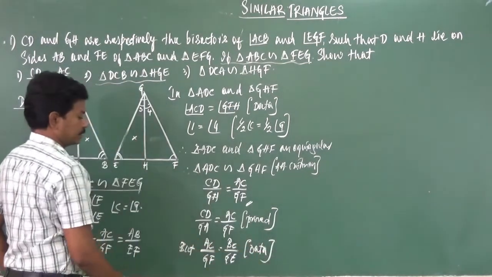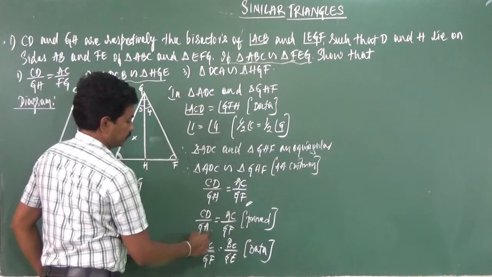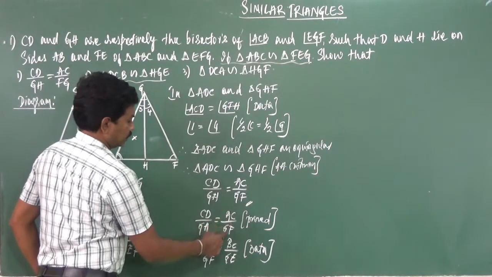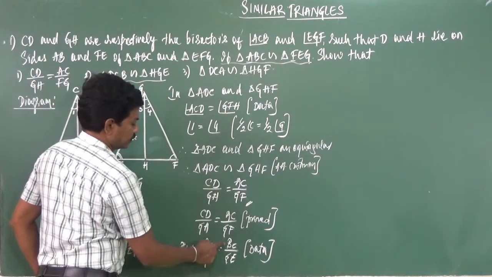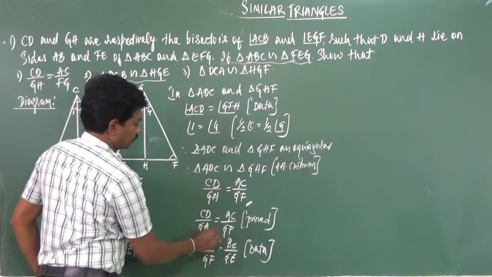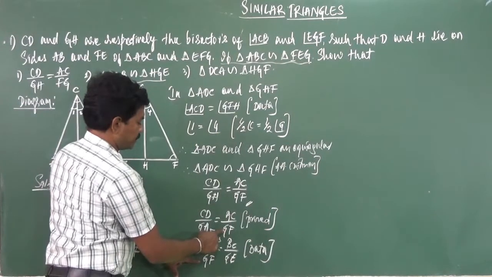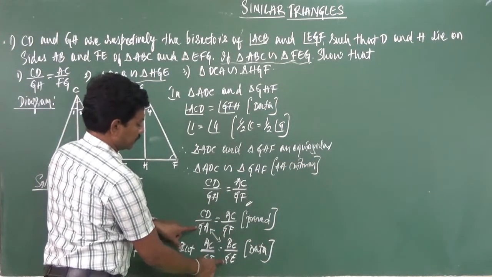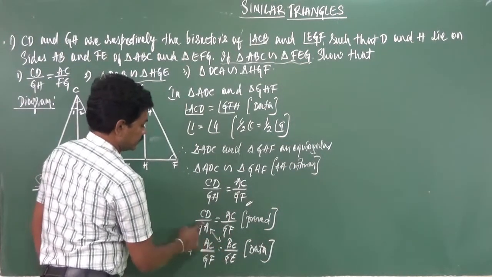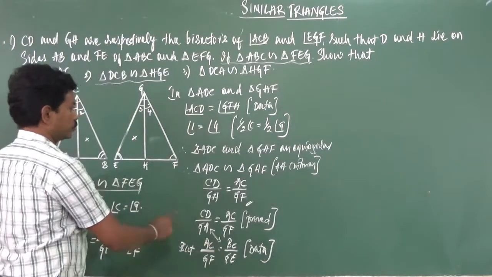Right. So now we can see here CD by GH is equal to AC by GF, and AC by GF is equal to BC by GE. So therefore these two become equal because two things equal to the same thing are equal to one another. Two different ratios are equal to the same ratio, means their ratios should be equal.